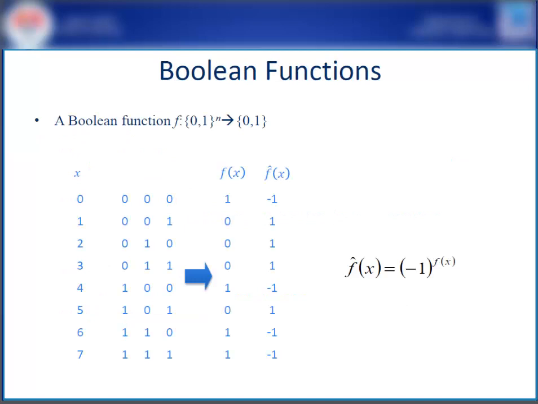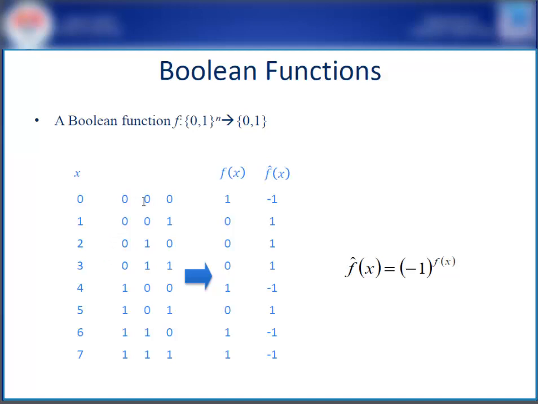Thus, if a Boolean function has two variables, the size of the corresponding truth table will be 2 to the power 2, since for 2 bits there are totally 4 possible 2-bit sequences. For 3 bits, for example, there will be 2 to the power 3, which is equal to 8 possible sequences, and these sequences are listed here.